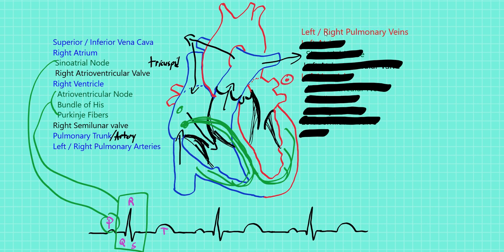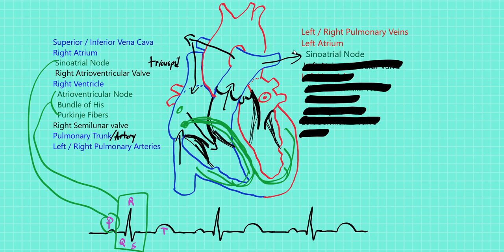The left and the right pulmonary veins. These are thinner blood vessels under lower pressure. It's going to then go into the left atrium, and the same kind of steps will be happening to it as happened on the right side.